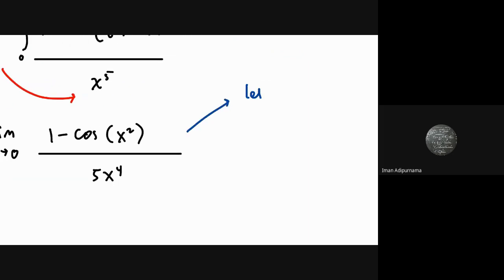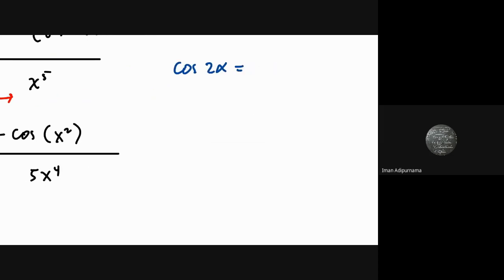I don't think we need to assume anything. I think we can directly see that if we have cos of alpha, this will result in sine squared.